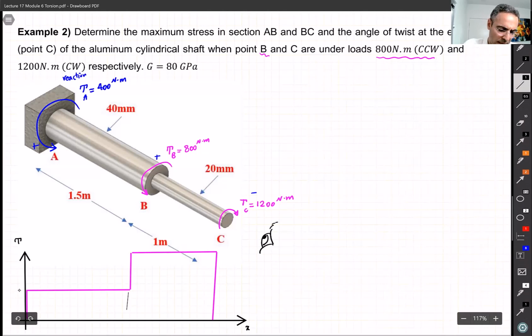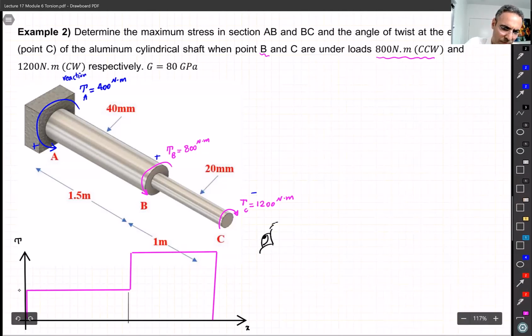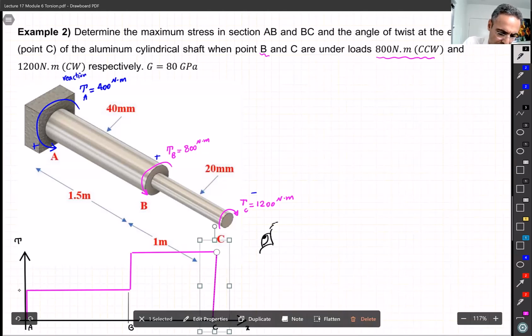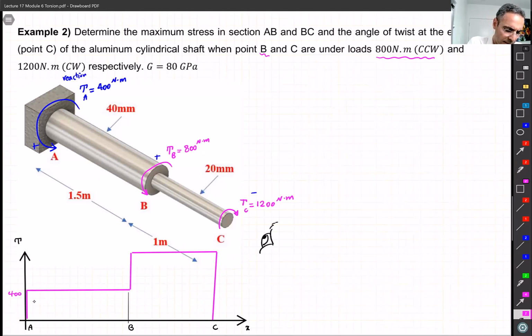Like this one, we say from the beginning, from point A, this is from point A, and this is B, and this is the end of this, basically, beam or shaft, sorry. Okay, so what do we have here? We have 400, and then we have here a jump of 800, so it means we get to 1,200 here.